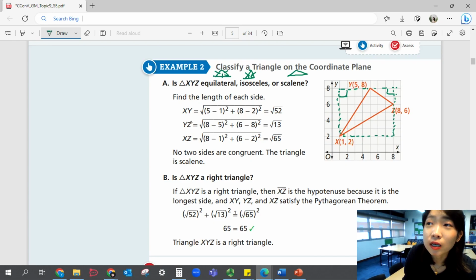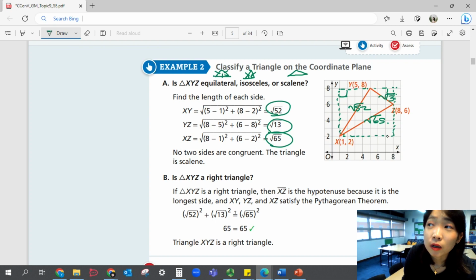So using the Pythagorean theorem and the differences of the x and y values, you get these distances: square root 52, square root 13, square root 65 for each side. So XY is square root 52, YZ is square root 13, XZ is square root 65.